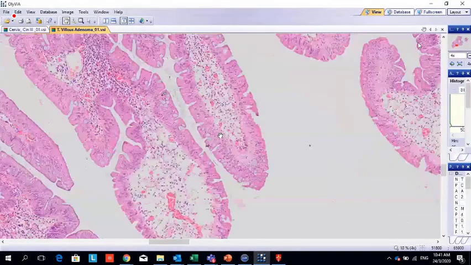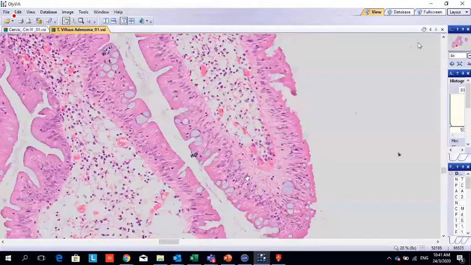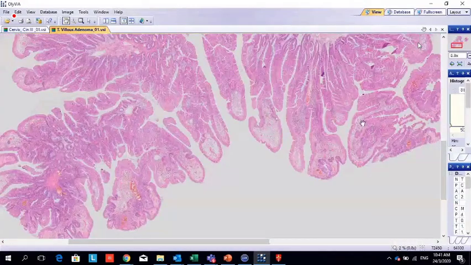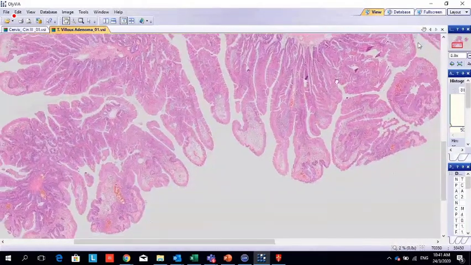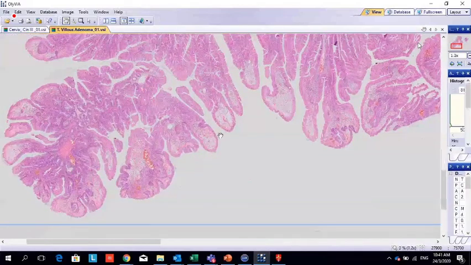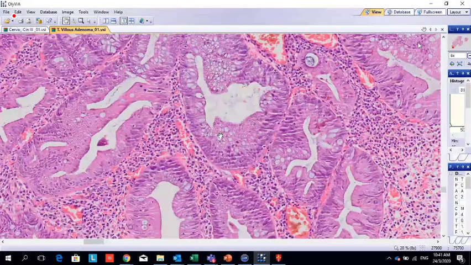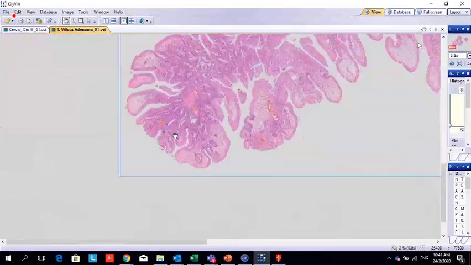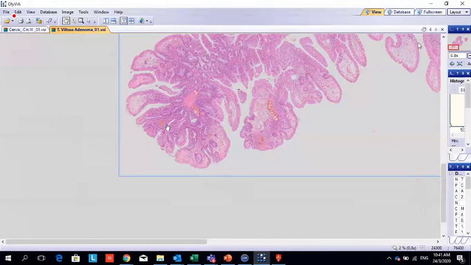Some areas still show mild dysplasia, some areas moderate, and some areas severe dysplasia. In this case, what type of dysplasia can we say? Like here is severe dysplasia. So we can say mild to moderate to severe dysplasia.